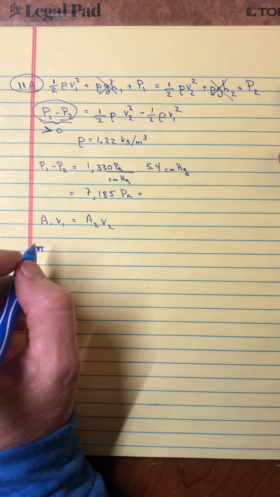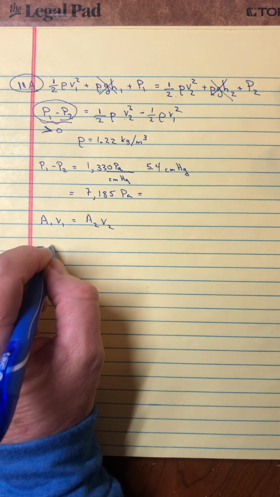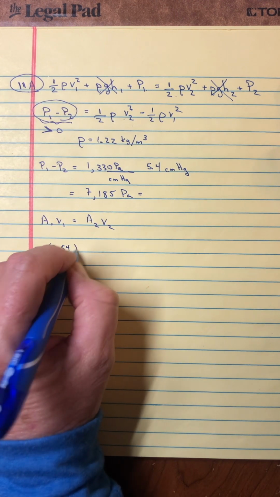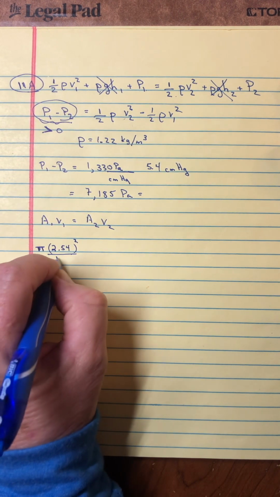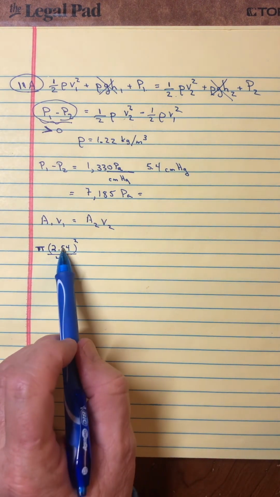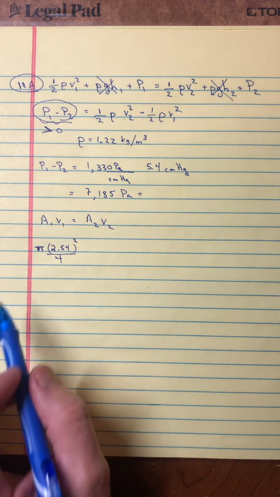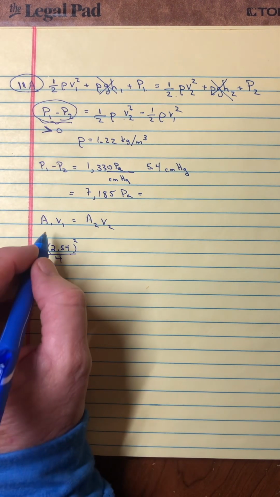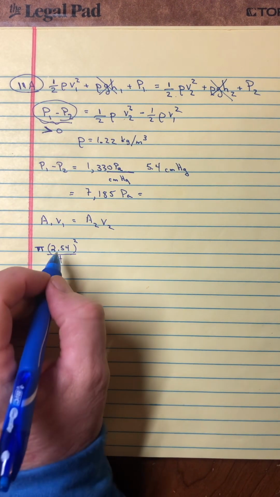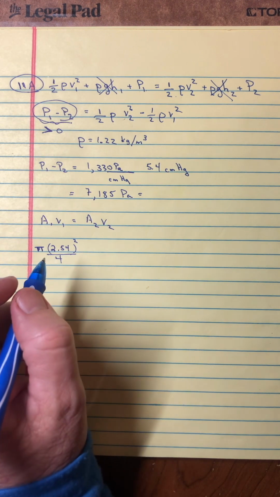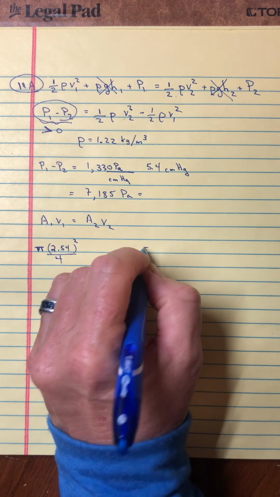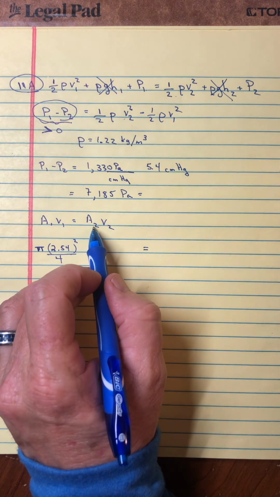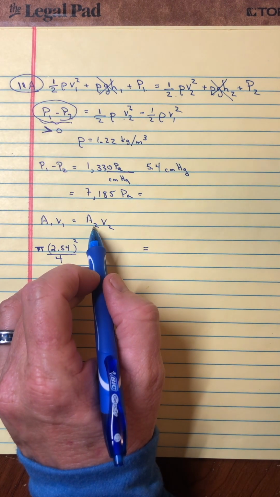Now, if you'll let me write it as a diameter, 2.54 squared over 4. Because again, diameter divided by 2 is the radius, and when you square it, you're going to get diameter squared over 4. So that would be the area in square centimeters. And so I better be careful to make sure my area on the other side is also square centimeters.